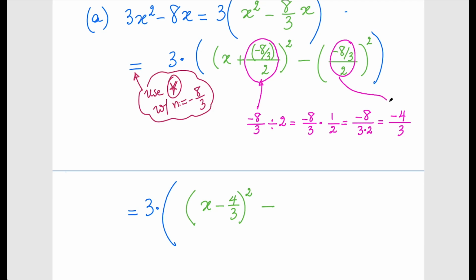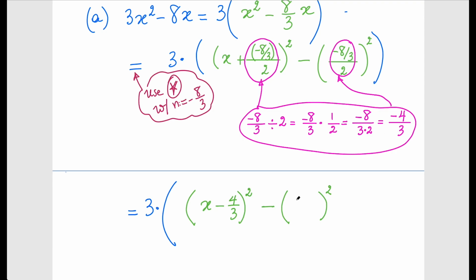That's still the square of this guy, which is minus 4 over 3.